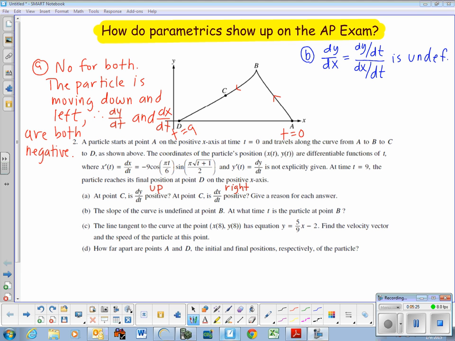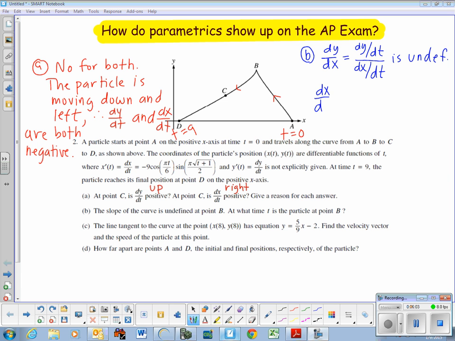Okay, so remember, dy dt and dx dt, those tell us how x and y change, but those don't really have a graphical picture. We don't see dy dt and dx dt. We see dy dx because this is a graph of xy. All right, so it's still the Cartesian xy coordinate plane. So if we're talking about the slope of this particular curve being undefined, we need dy dx. So where is dy dx undefined? Well, fractions are undefined when the denominator is 0.